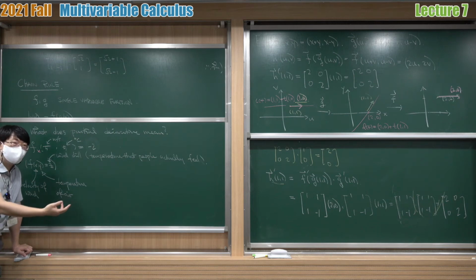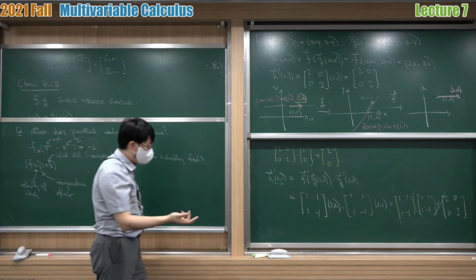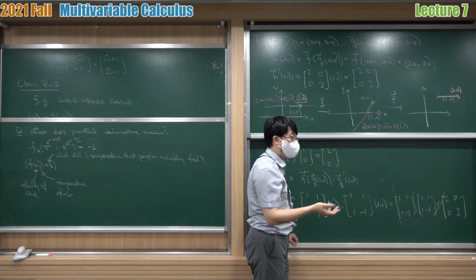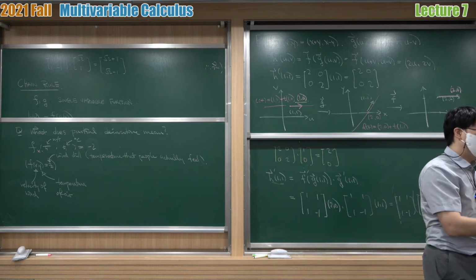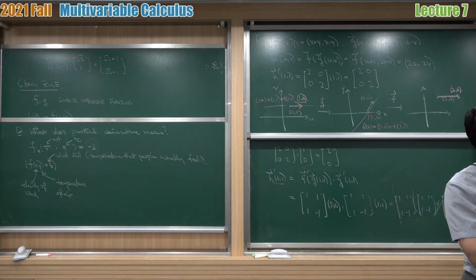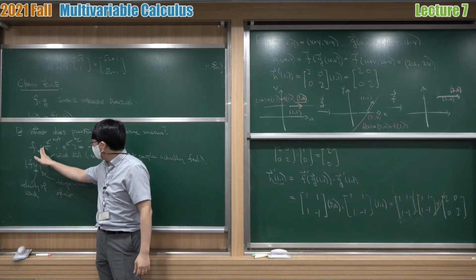It's the same as the rate of change of a single variable function, because taking a partial derivative is nothing different from the derivative of single variable functions. When you talk about the meaning of the derivative of a single variable function, it gives the rate of change of the value of the function when you change the x coordinate, right? Our x coordinate in this case is the first coordinate.